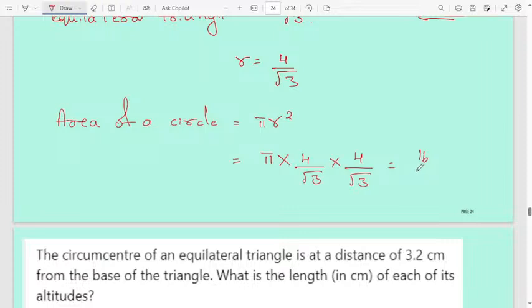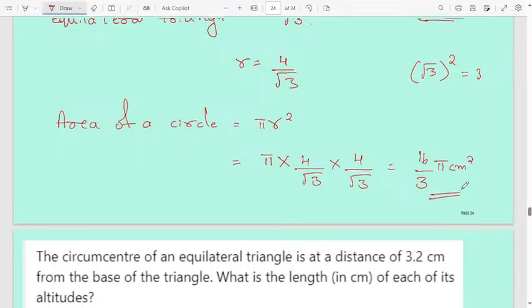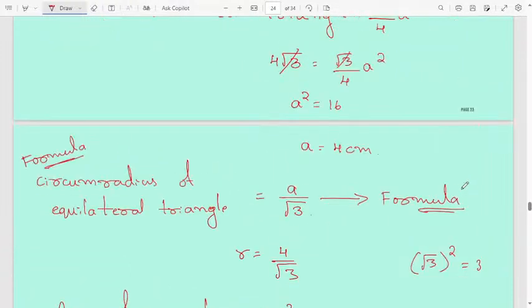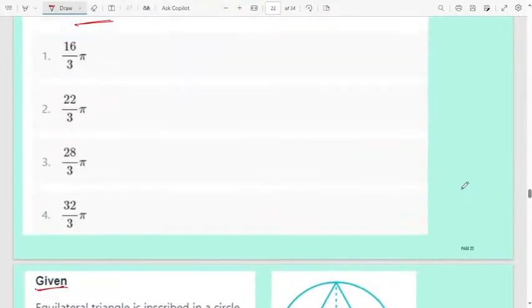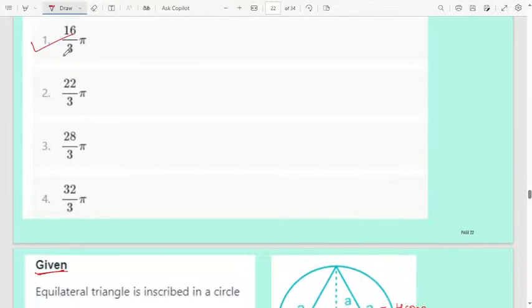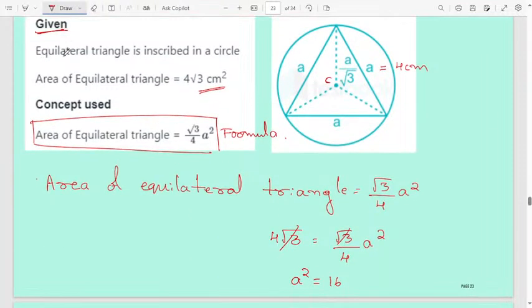Root 3 into root 3 will be equal to root 3 whole square. Its value is 3. 16 by 3 pi centimeter square. Therefore, the correct answer for this question is 16 by 3 pi. Very easy problem.